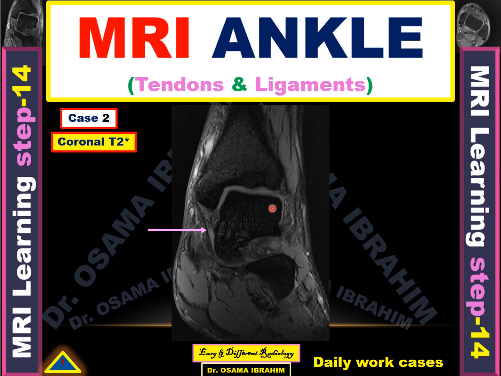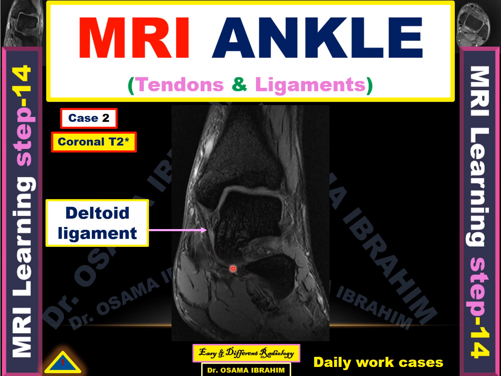So this one is the talus, and this ligament is articulating between the medial malleolus and talus or calcaneus. So this one is the deltoid ligament. The deltoid ligament has three components articulating between the medial malleolus and the talus, calcaneus, and navicular bone. So this one is the deltoid ligament, which represents the medial collateral ligament of the ankle.